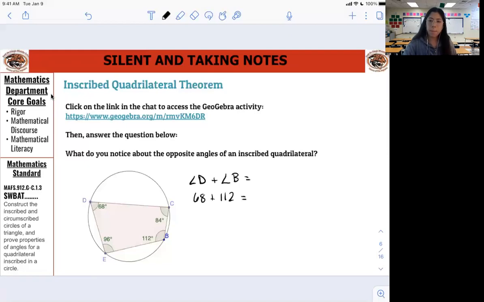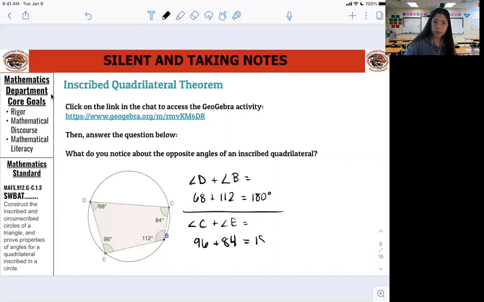Does that give me 180? Yeah. Now the other two, C and E. So that's 96 and 84. Also 180. And so that is basically the big thing that we're learning today.